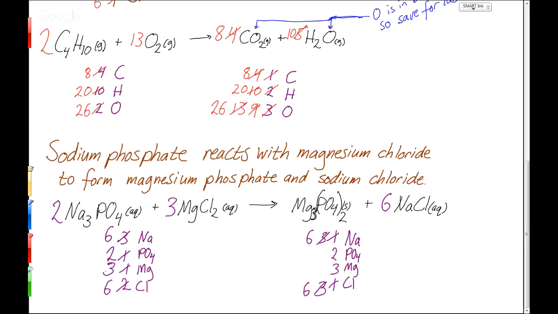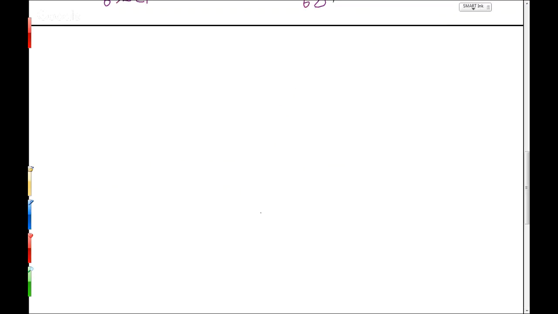But let's move on. The last part that we're going to do today, and this is going to come up in lab on Thursday or on Tuesday next week, is the types of reactions.